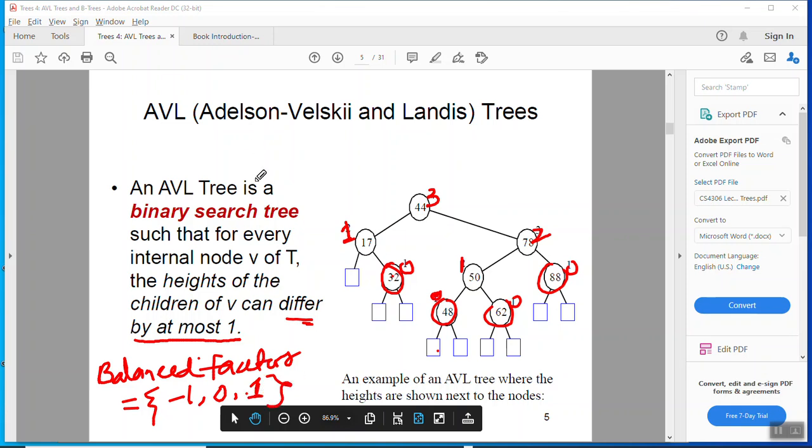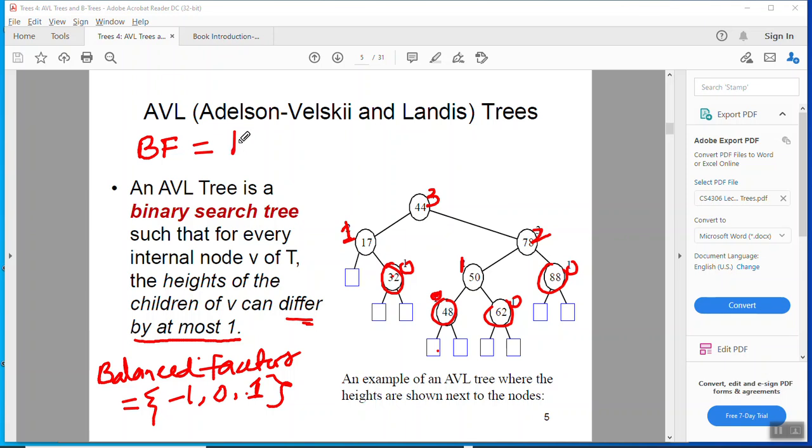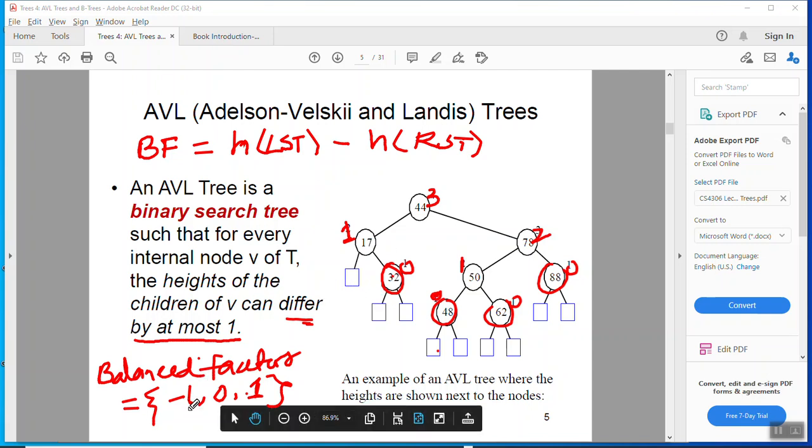So balance factor, BF, equals the height of the left subtree minus the height of the right subtree. And the balance factor must be either -1, 0, or 1.